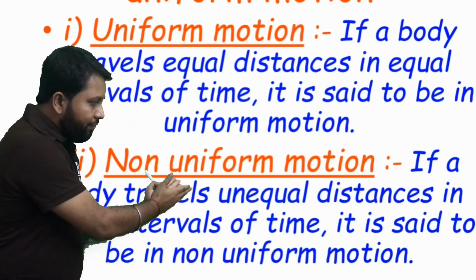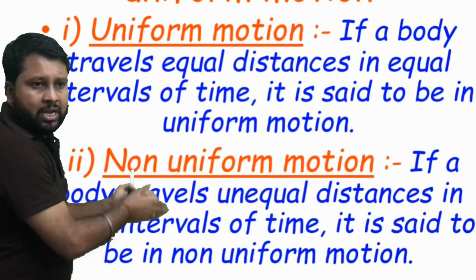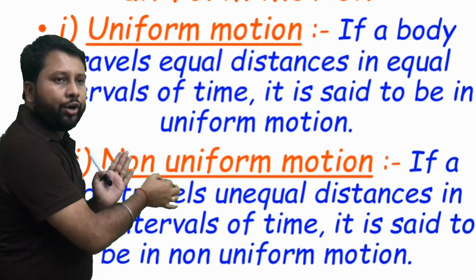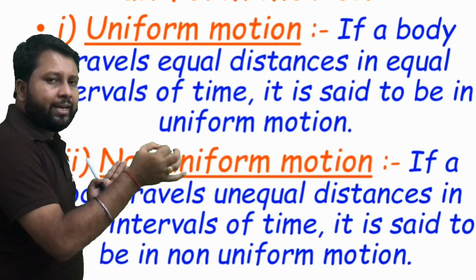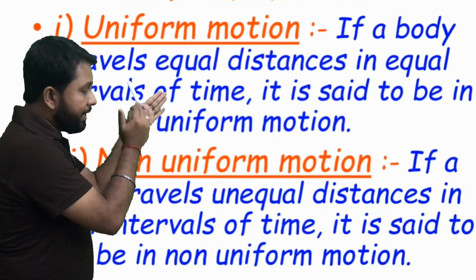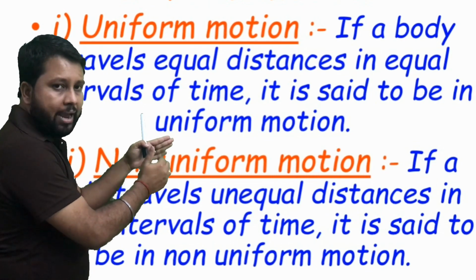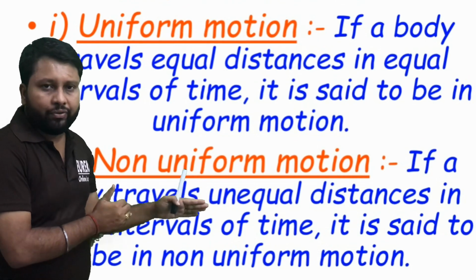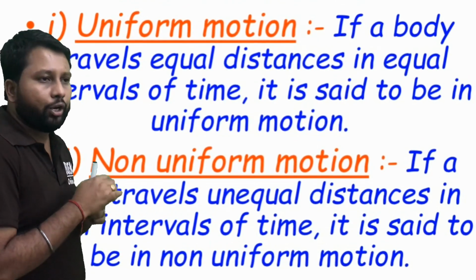And what is non-uniform motion? If a body travels unequal distance in equal interval of time, it is said to be in non-uniform motion. It is very simple and easy.